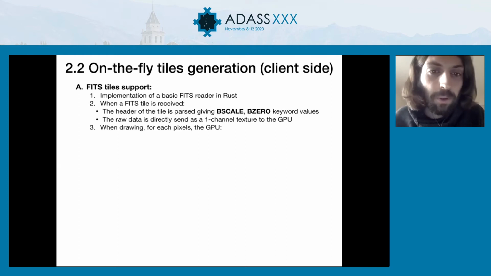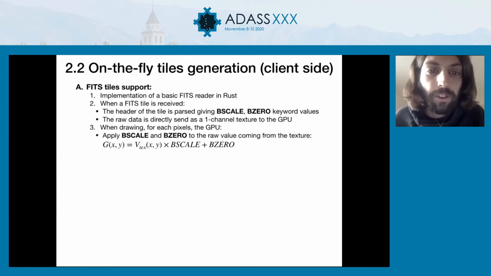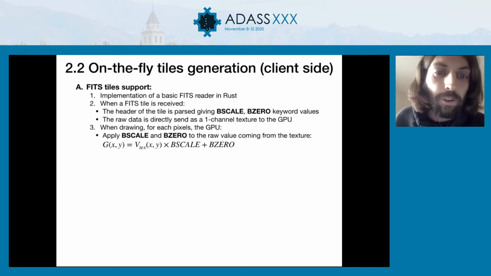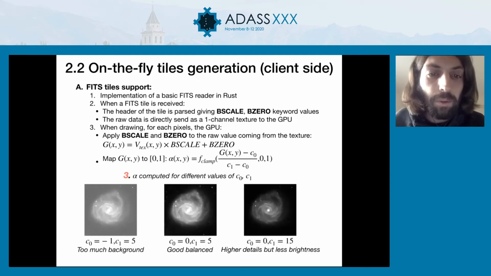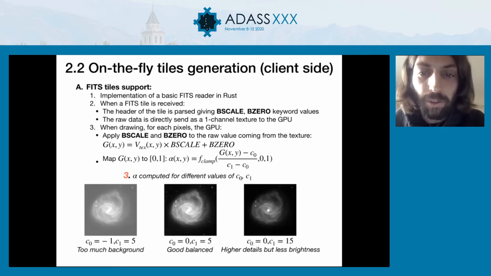When I draw, for each pixel on the screen, the GPU first retrieves the value in the texture and normalizes it by bscale and bzero. I take that result and map it to a float between 0 and 1. This adds 2 new cut parameters, C0 and C1.